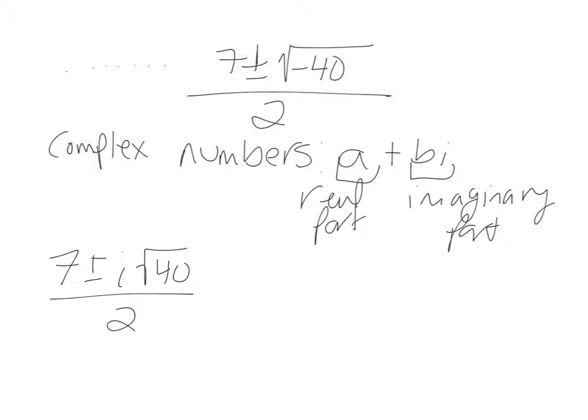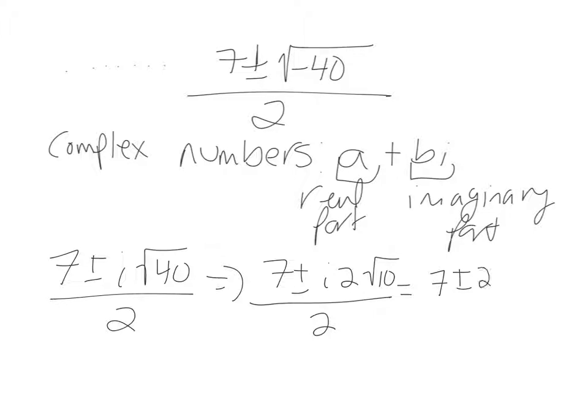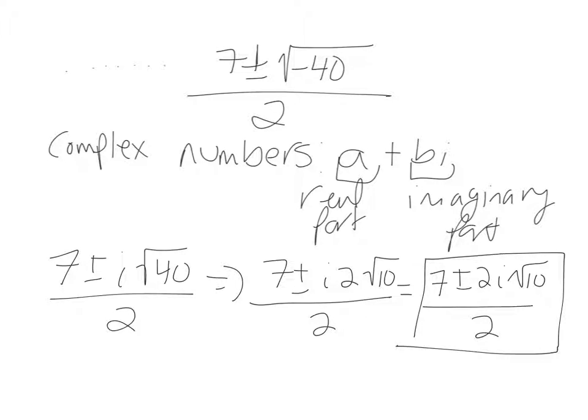But we know the square root of 40 is really 2 root 10, over 2. A lot of teachers will prefer you to write it like this. And that would be your imaginary solution for that.